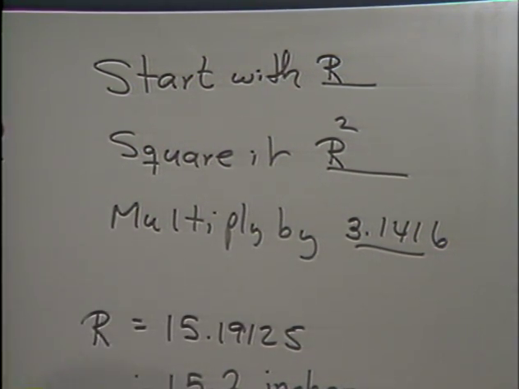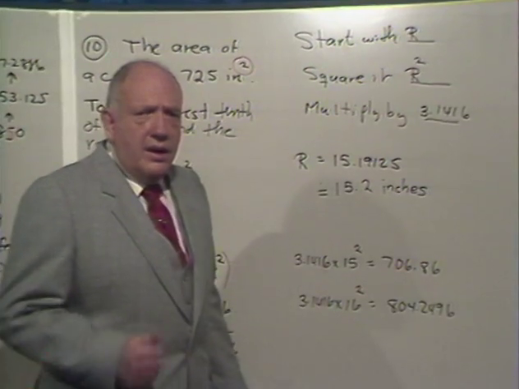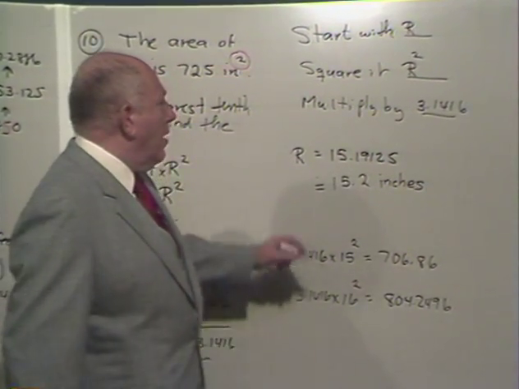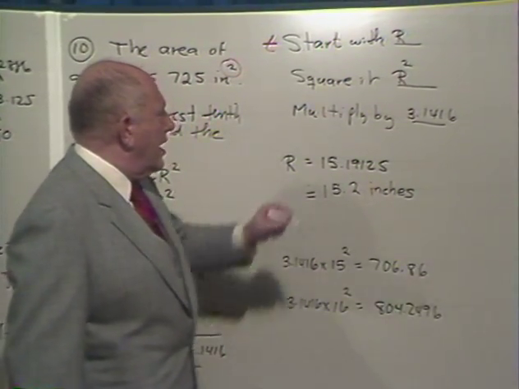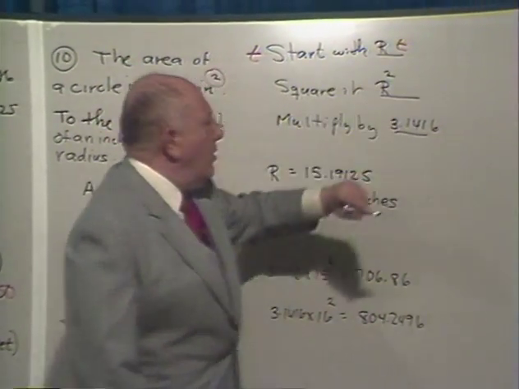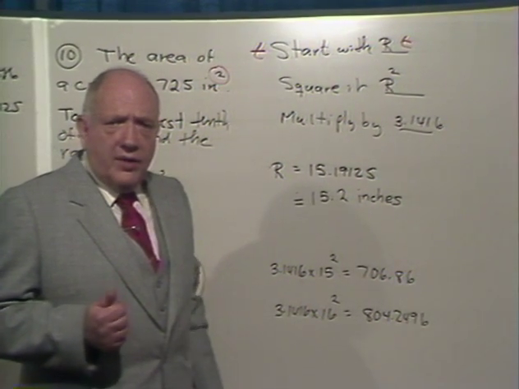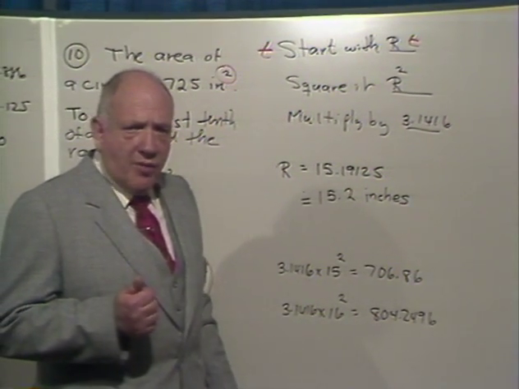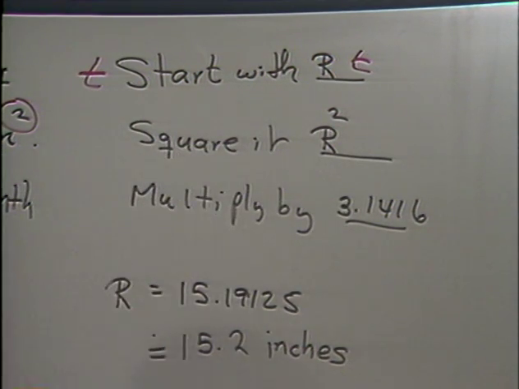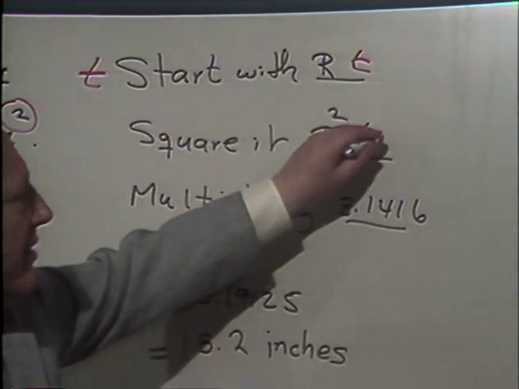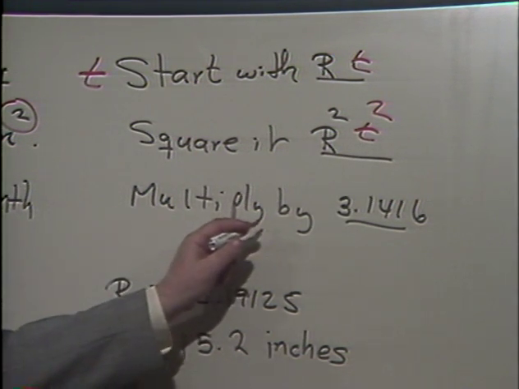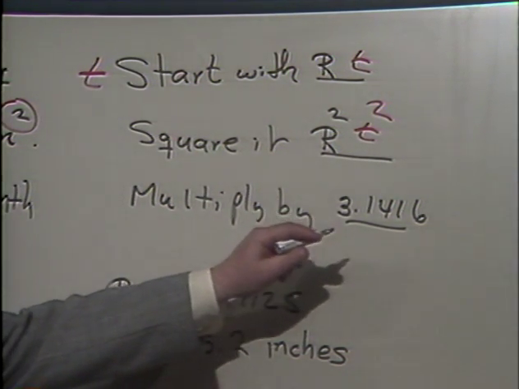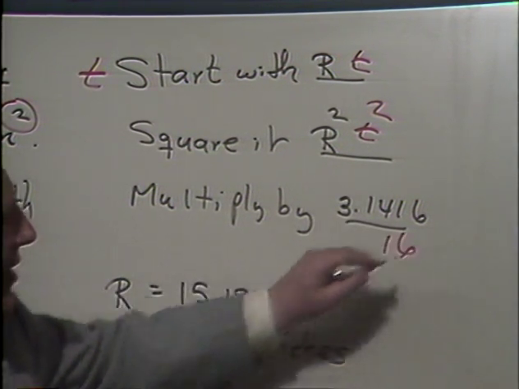What were we doing in the distance, the freely falling body problem? Instead of starting with r, we started with t. Okay, let's put a t over here. Who cares what letter we call the input by? We still started with picking a number. What was the next step we did? We squared. Now, the only other difference was, instead of multiplying by 3.1416, we multiplied by 16.